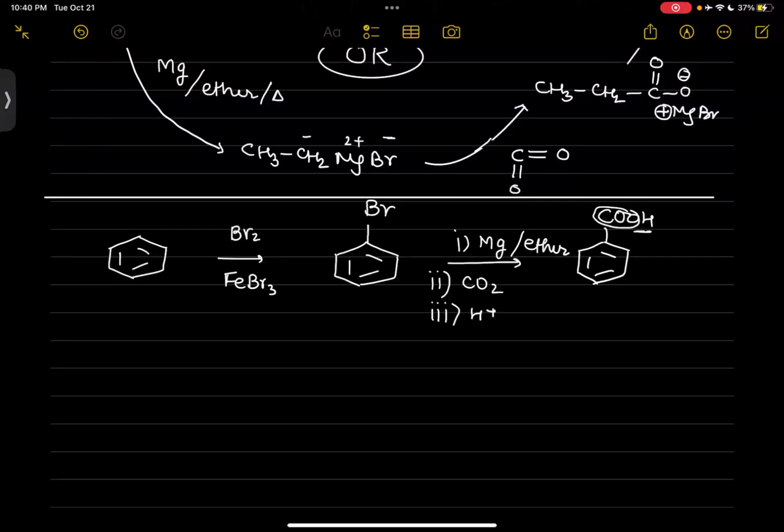Okay. Let's learn the next method directly with the help of an example. First, I want you to convert the benzene to toluene.